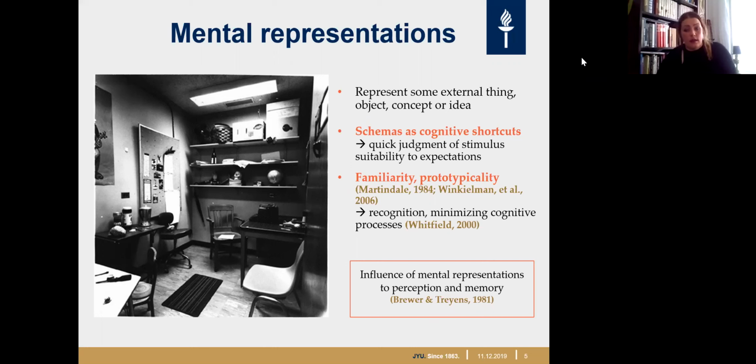Here at the left side, we have an image of an office room from some American university from the 80s. I don't remember from what university, but still the context, university, is important in this, because this experiment was designed to understand how existing mental representations affect what we perceive and what we remember.